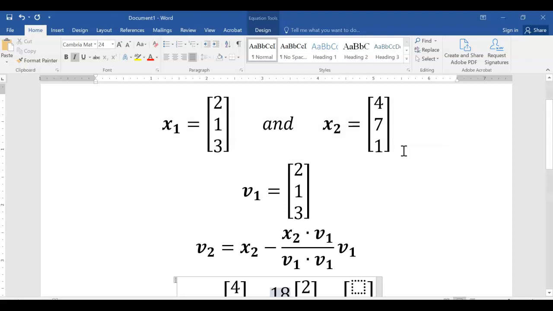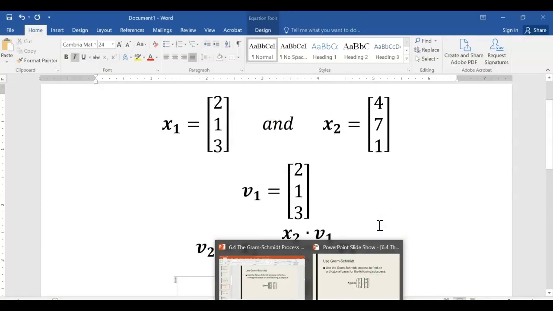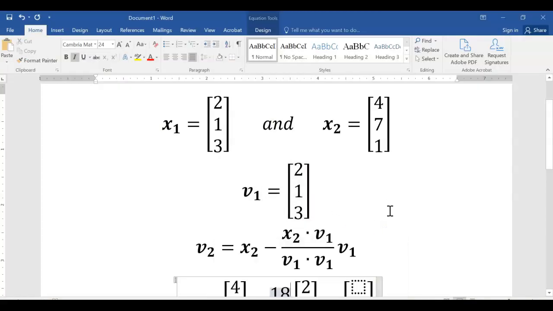By the way, if you would have switched those roles, you would have still gotten an orthogonal basis whose span is the same span as that subspace, but it would have just come out to different vectors. So you can do this either way, but to be consistent, I'll always label things left to right as x1, then x2, then x3.